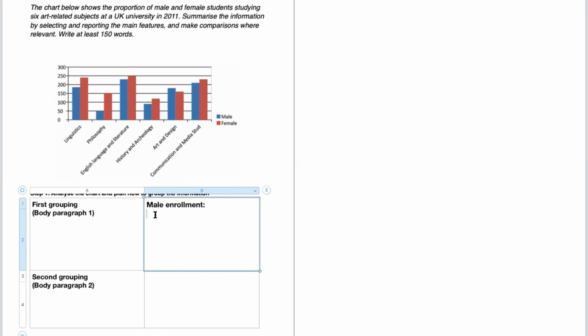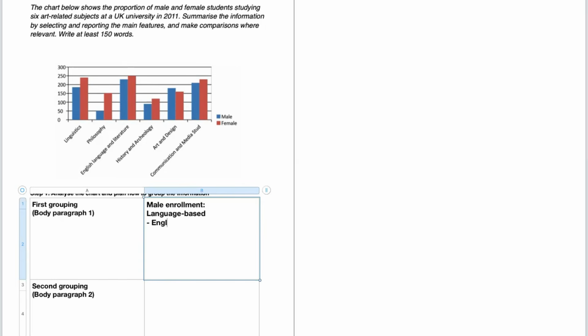So I'm going to write language-based subjects, okay? And I'm going to just write out, I see English language and literature. And we can say that is about 230 because you see how it is right in between 200 and 250. So I've got English language and literature, 230.